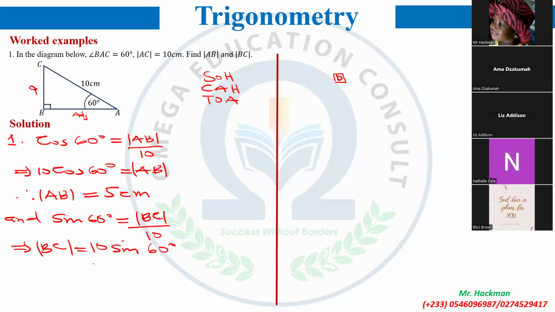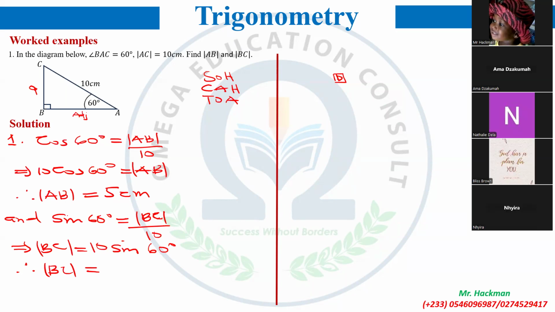It's the same as writing 10 sine 60 is equal to this. So now I'll write, therefore, the length of BC will be equal to, so I'm waiting for your calculator value. 8.6602, 6603.